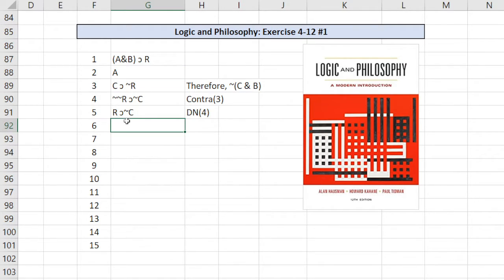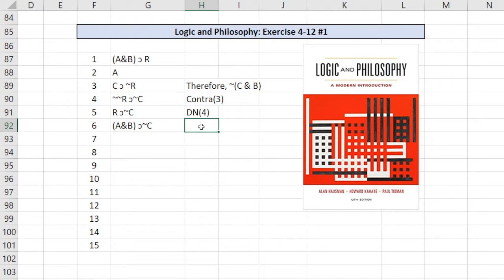So, if you remember the rule, I think it's called a hypothetical syllogism, you can conclude that the first part leads to the last part, which is like this: A and B, and instead of arrow R, it's actually arrow not C. Because we're concluding it through this second premise, you could essentially think of the R's as canceling out.